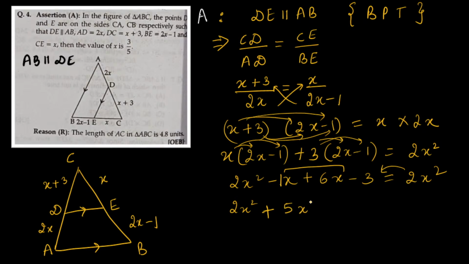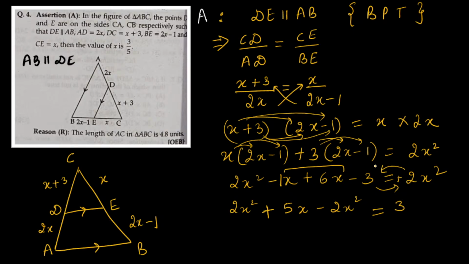So 2x square plus 5x minus 3. And 2x square when I shift to this side it will become minus 2x square, and the constant minus 3 when I shift to the other side it will become plus 3.